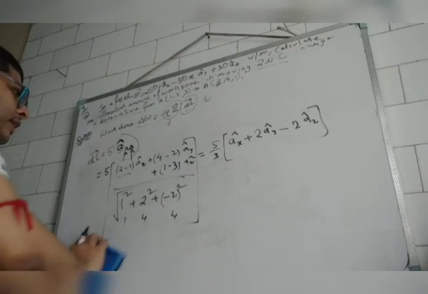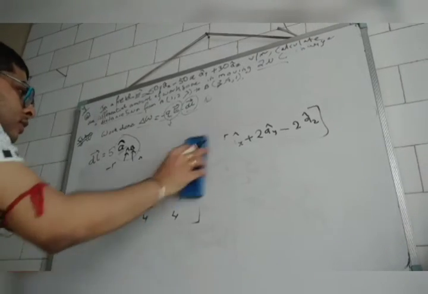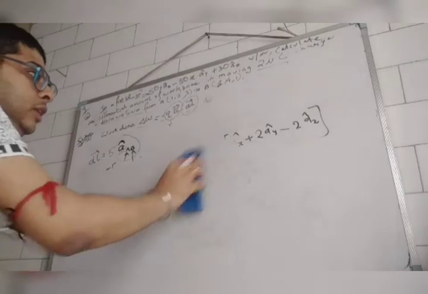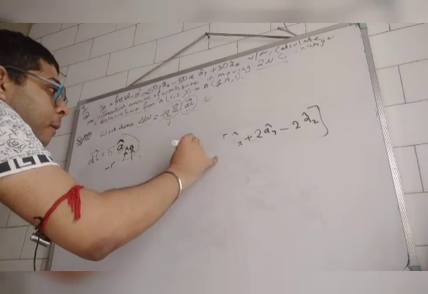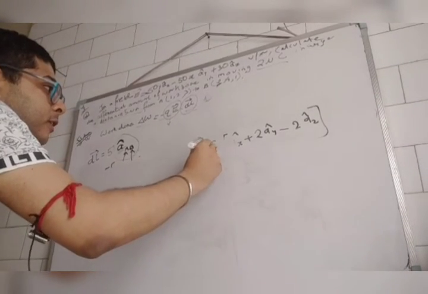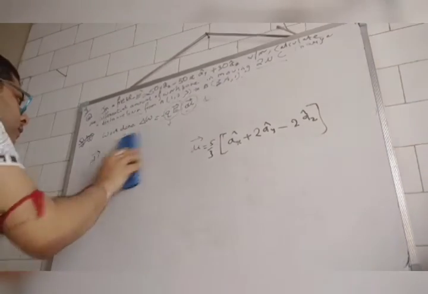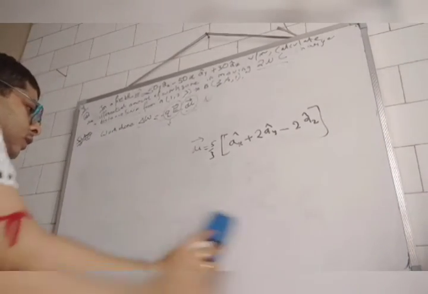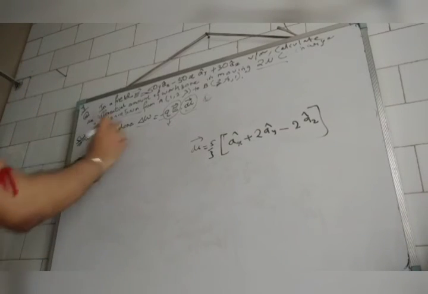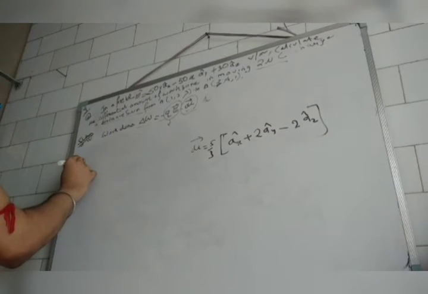So now let us calculate. Let me write this as dl, 5 by 3 ax cap. Now let us calculate del w.